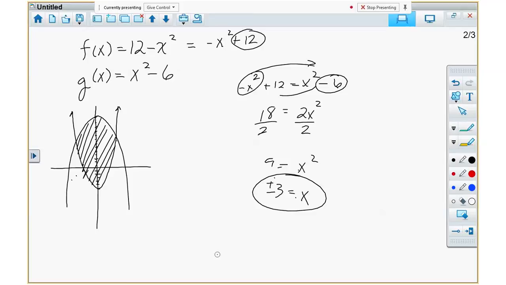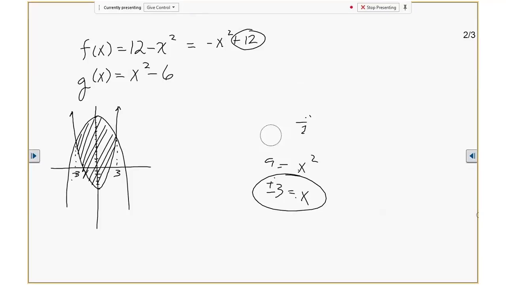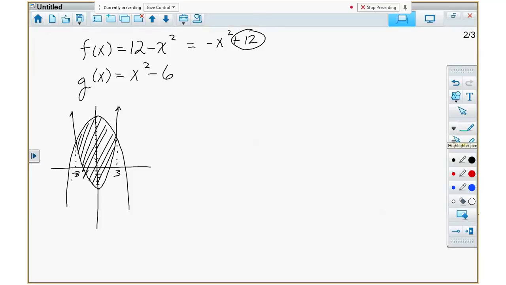Okay, this is a type of question I like to give on tests because it doesn't try to trick you. So -3 and positive 3. You could do this 2 ways. You could set it up and go from -3 to 0.